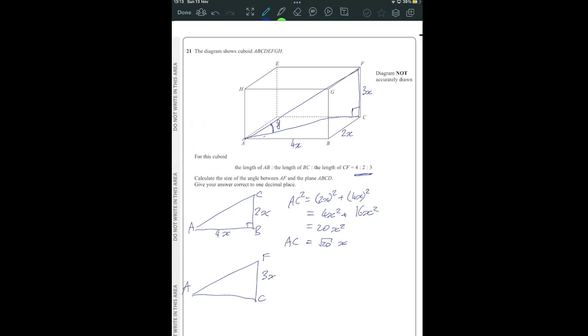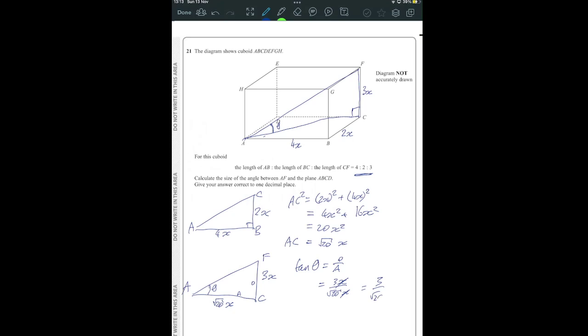I know FC. I know AC now. And I want to find this angle down here. Again, using our trig, we have the opposite, we have the adjacent. So we're using tan theta is the opposite over adjacent, which is 3x over square root 20. And the x's just cancel.